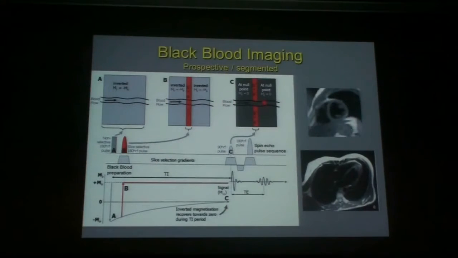So now, if we move from these general statements to the black blood imaging sequence, you should know that this sequence is based on a double inversion recovery. This double inversion recovery uses first a non-selective 180 RF pulse that is going to invert, as you can see over here, the signal goes to minus M0.